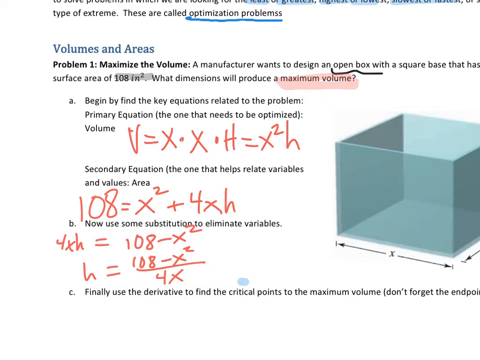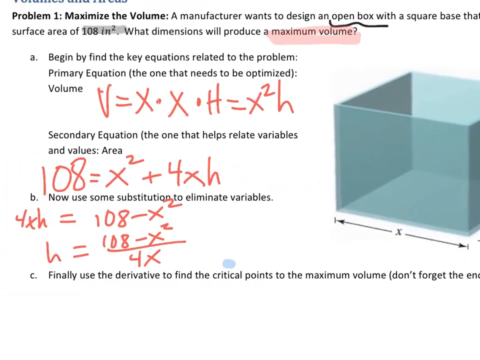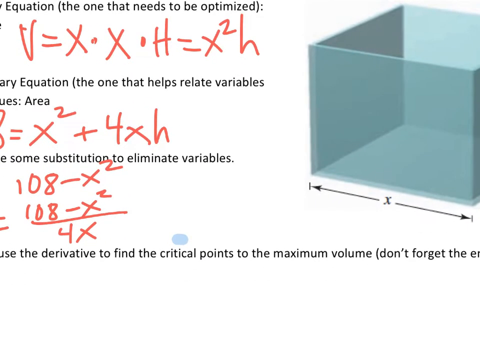We're going to go ahead and substitute there, and then we'll get a volume formula. We'll substitute for h. So we have volume equals x squared times h. But what is h? We just found it. It's 108 minus x squared all over 4x. All right, let's clean this up here.